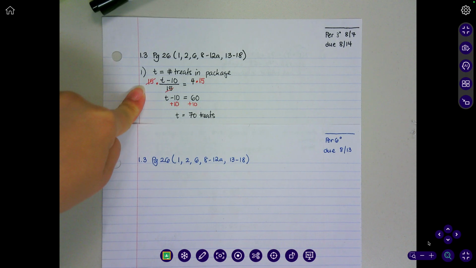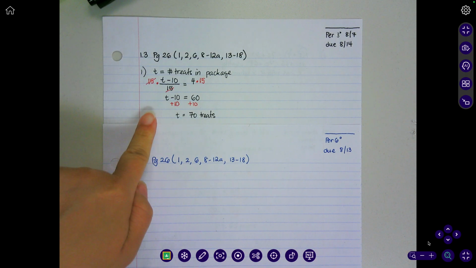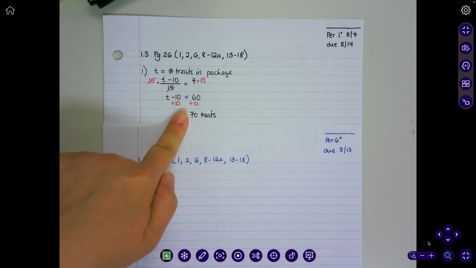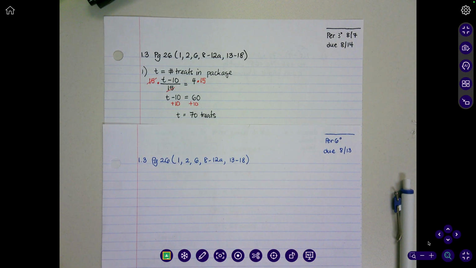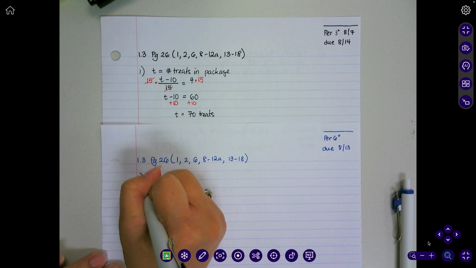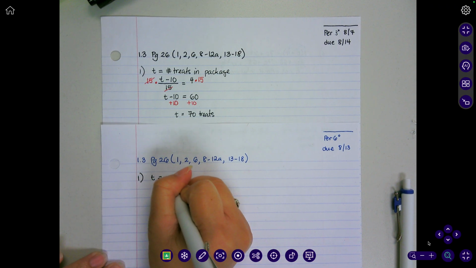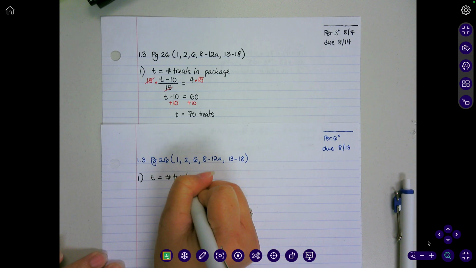We did number 1 already, and that's the equation that we have. So I'm going to just copy it again, that way I can move my paper around. So this is the number of treats. We went over this already.